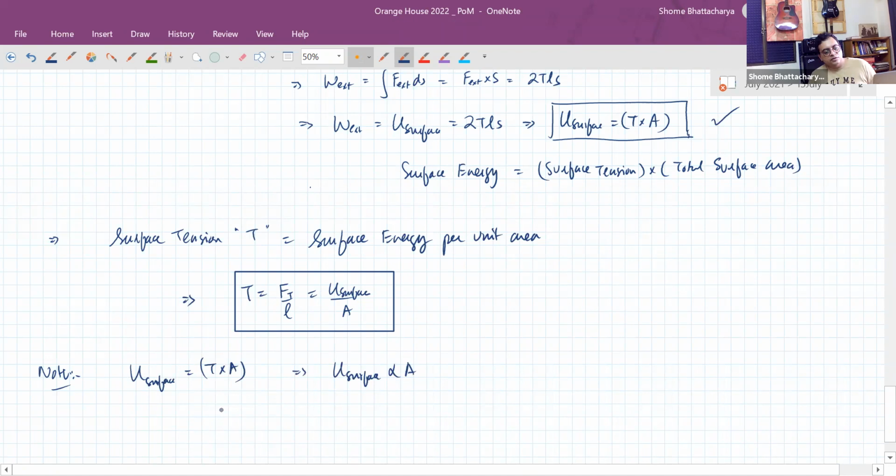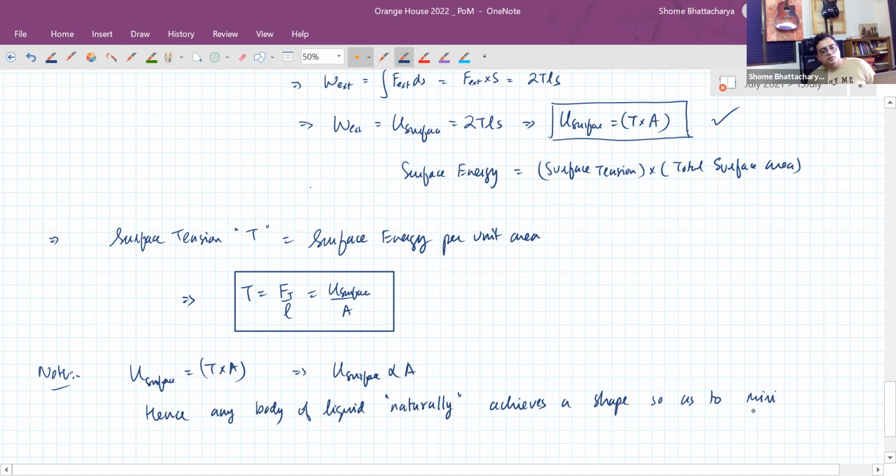Hence, any body of liquid naturally tries to achieve a shape so as to minimize its surface area, and hence surface energy.